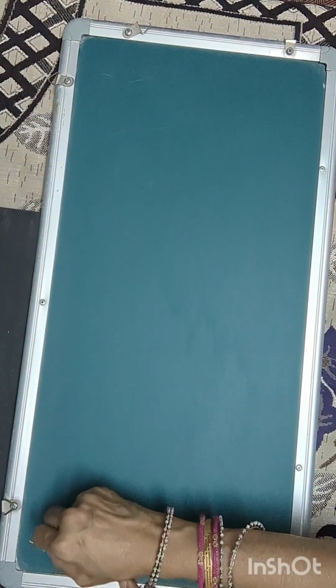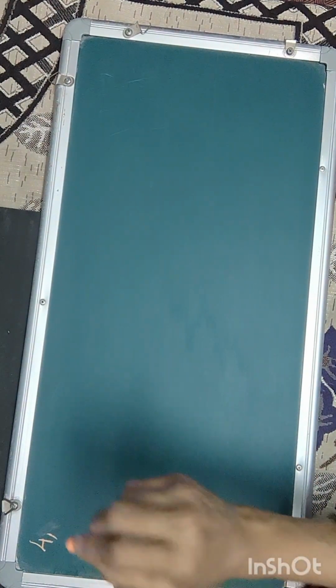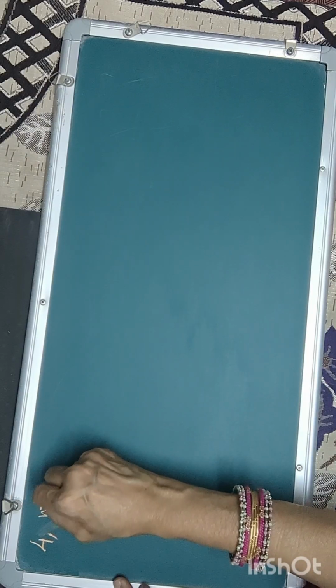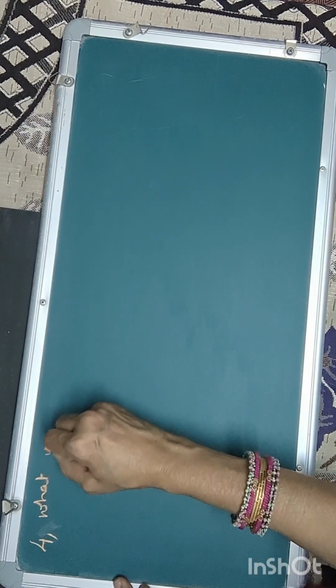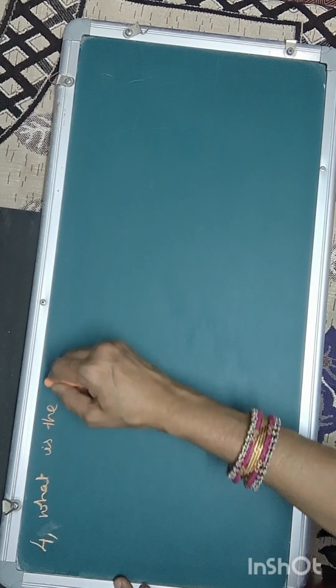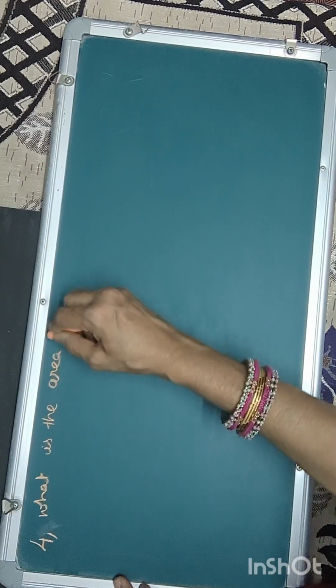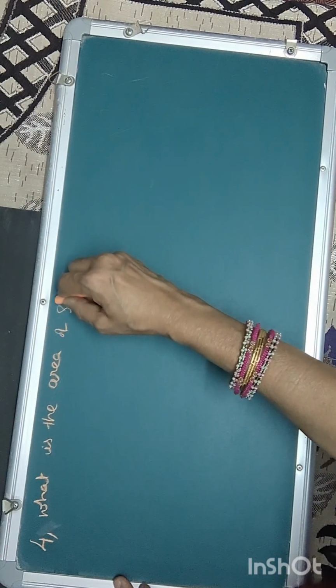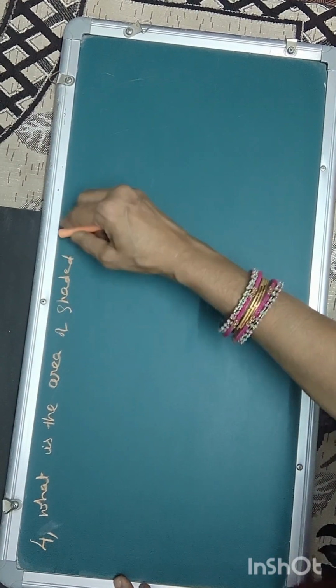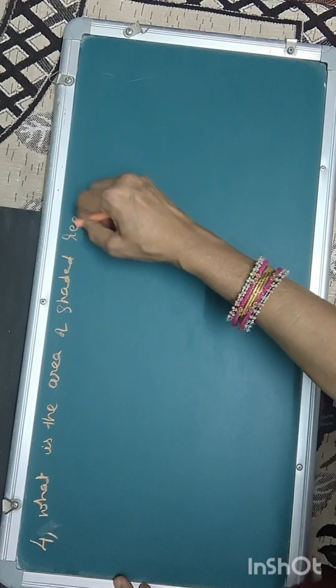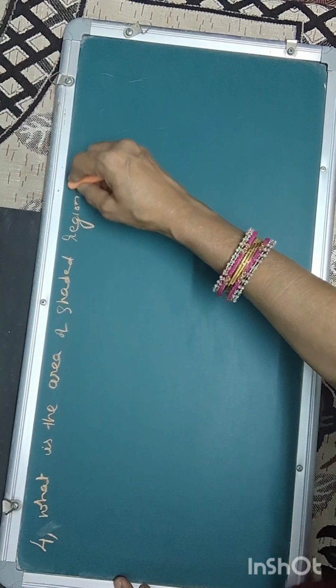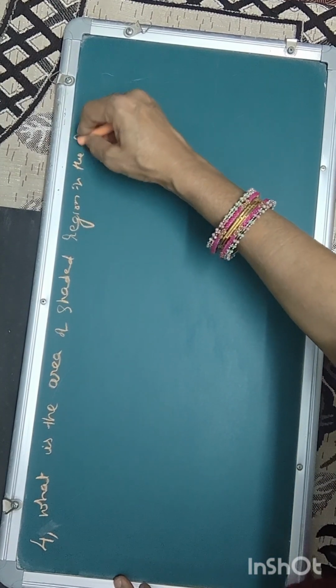So, fourth question in section B. What is the area of the shaded region in the figure?